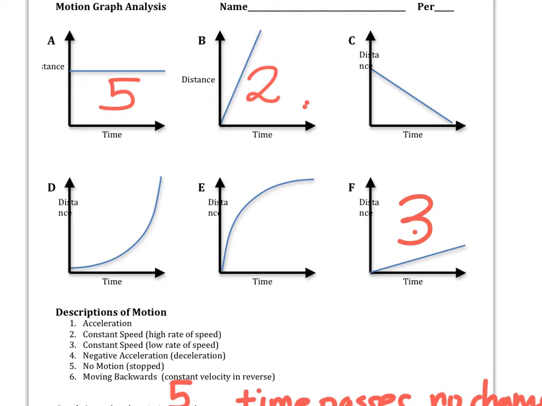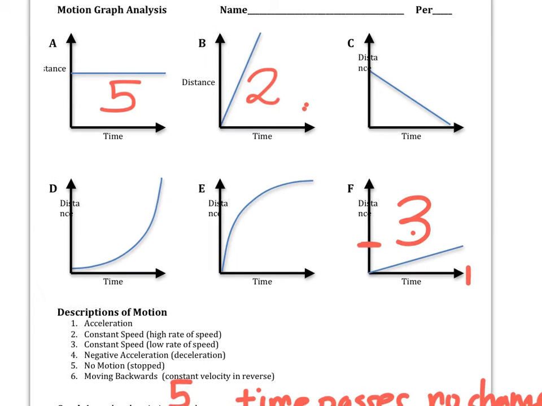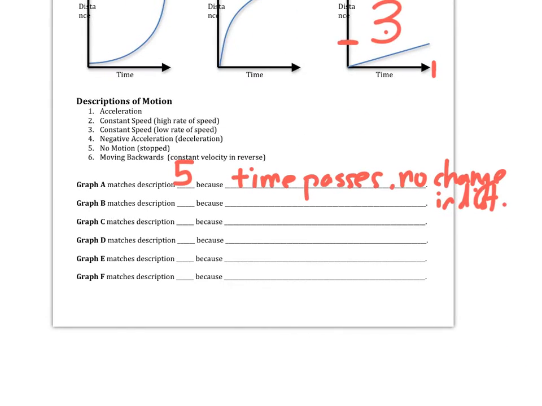The difference is that in B, the speed is higher because the slope is greater. The line is steeper, covers more distance in less time. And F covers less distance in a greater amount of time. So for B, I'll put 2 here, and for F, we will put 3.